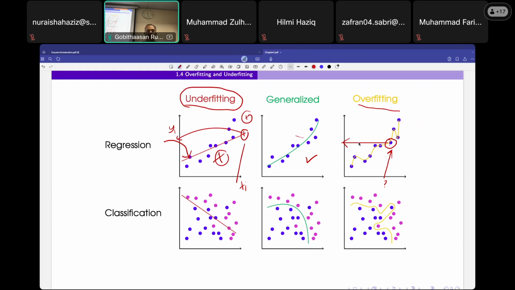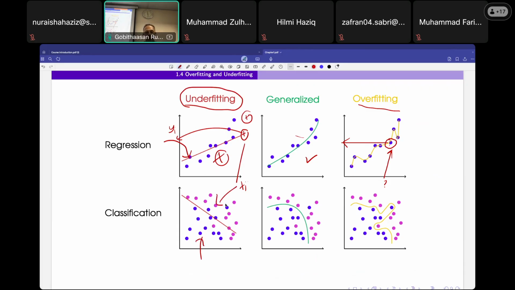Okay. For classification, now here we have two groups, two classes. Class in blue, class in magenta, right?